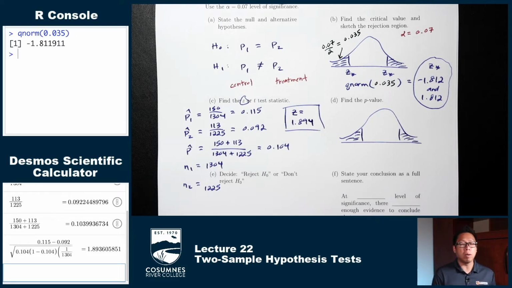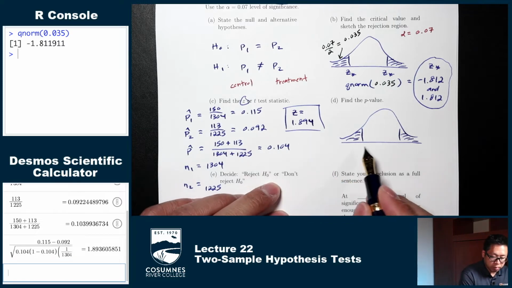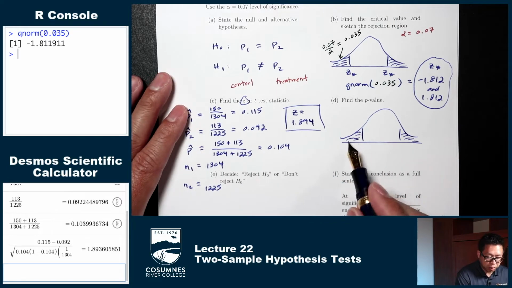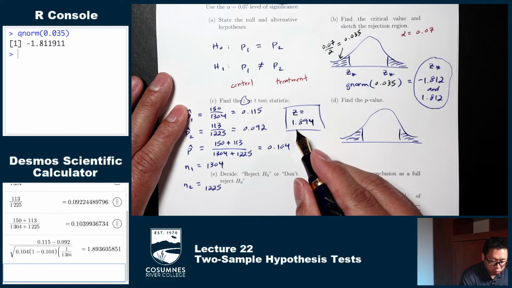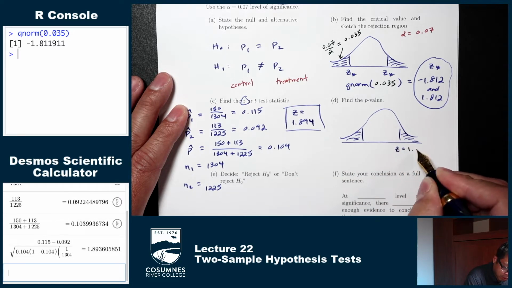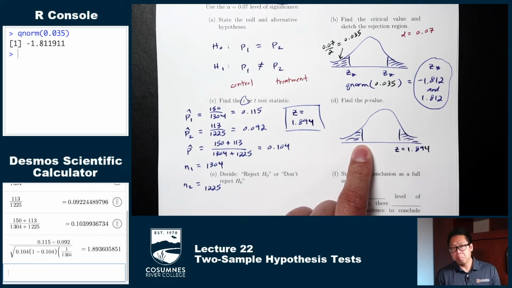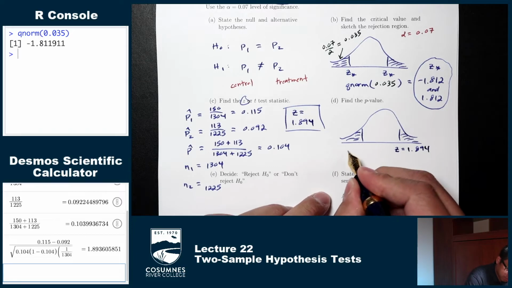And then on the picture, we're going to put the test statistic that we found in part C. So 1.894. Because this is 2 tails, there should be two z's. The positive 1.894 is the one on the right. The one on the left is going to be the negative version.